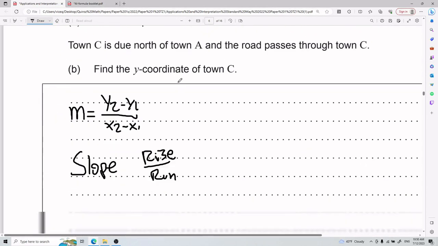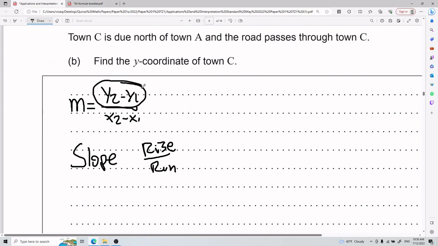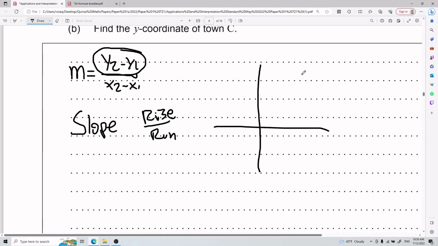Notice the following. This y, if we think of an axis, is up here, and y is for vertical. y is my vertical line. And so it makes sense that anything rising has to do with my y values.